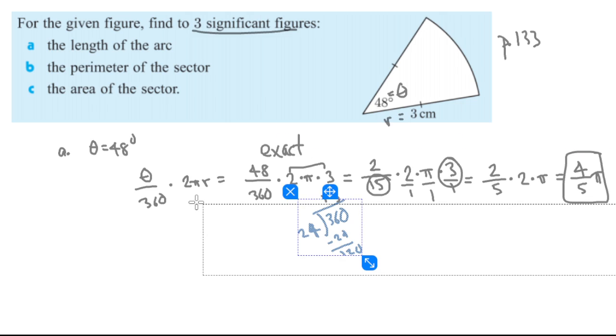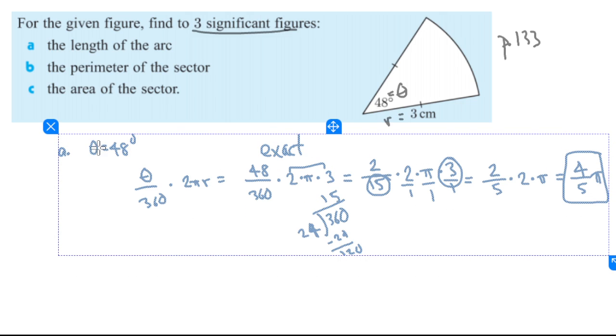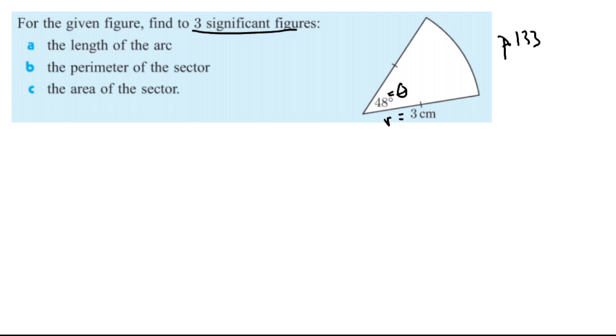Alright, I'm deleting this, but you can just reverse the video if you want to see it again. Perimeter of the sector, I am again going to keep it exact. We had 4/5 pi from before, that's this. And if we want the perimeter, we need this part and this part also.